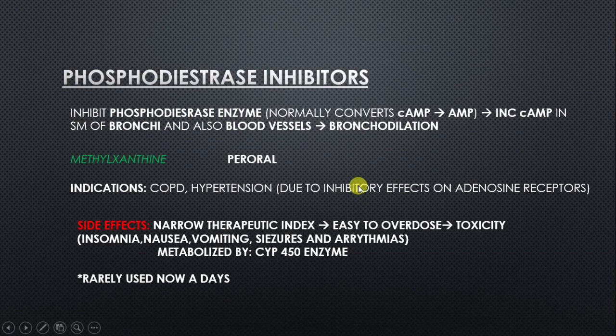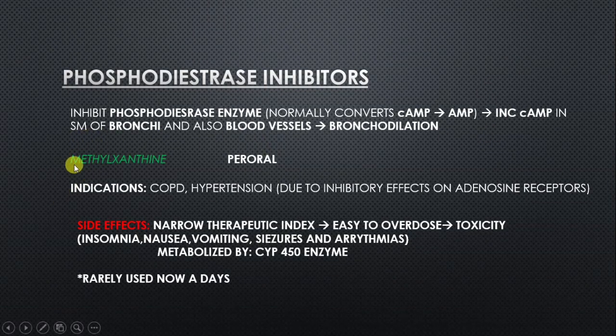If we want to bronchodilate, we're going to increase the cyclic AMP level. This can be increased by inhibiting the phosphodiesterase enzyme, which leads to increased cyclic AMP and relaxation of smooth muscle in the bronchi and also blood vessels, causing bronchodilation as well as vasodilation.